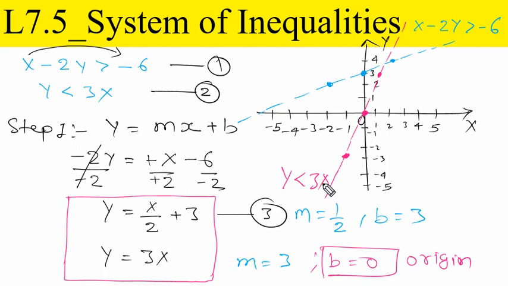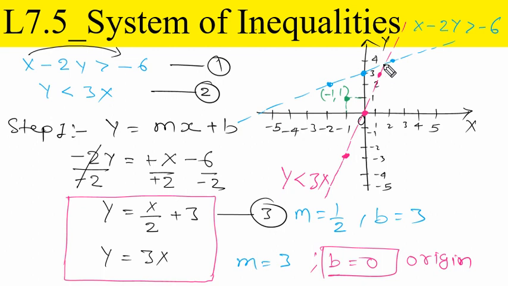Now which side is the solution? Which side will we shade? That we will check using the test point. So step 4 is the test point. Let's say this point is negative 1 comma 1. Usually we can take the origin, but here the line is passing through it, so that is why.